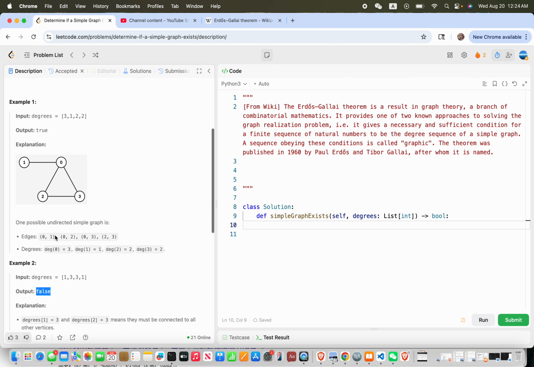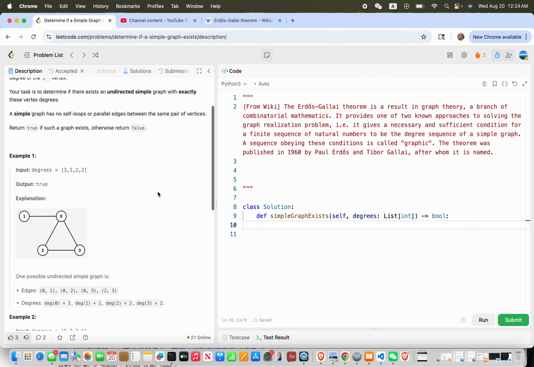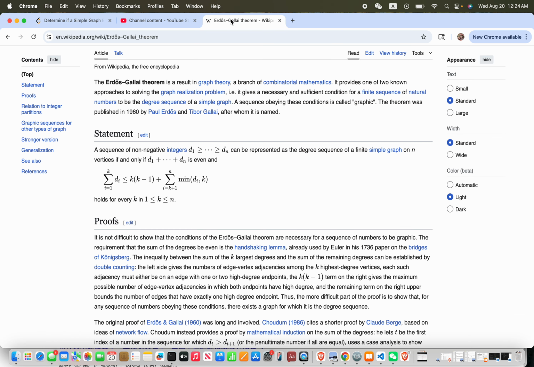So here actually this problem I would say it's a bit of a graph theory problem. So this is the theory, the Erdos-Gallai Theorem. So basically we want to check the condition of this theorem, right? Checking this condition is not trivial, because here k is up to the length of the degrees given in the problem.